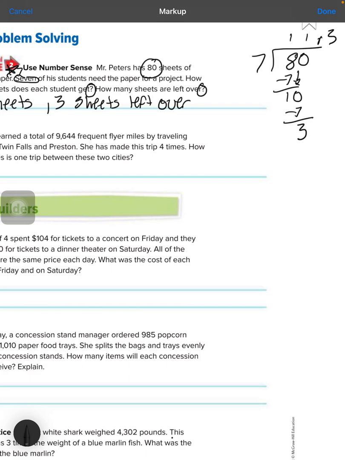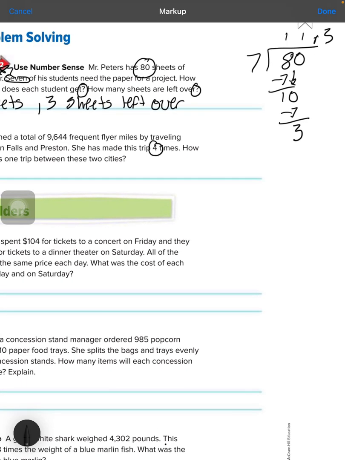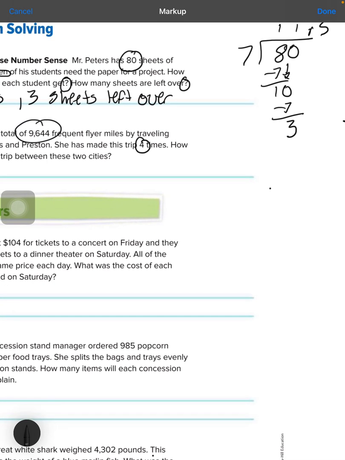Okay, this is going to take a lot of space, so make sure you have plenty of room. We have a 4 and then 9,644. All right, 4 will go into 9 twice.